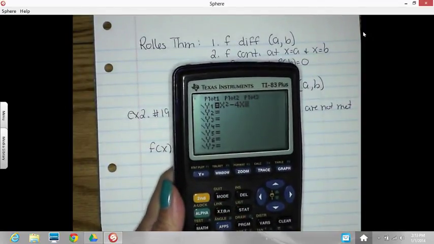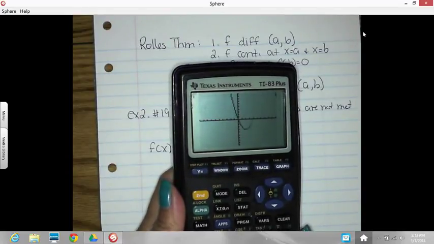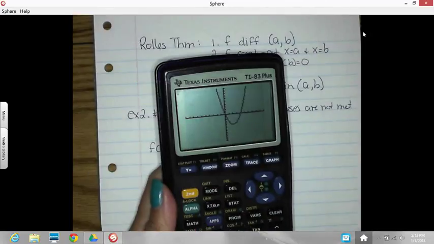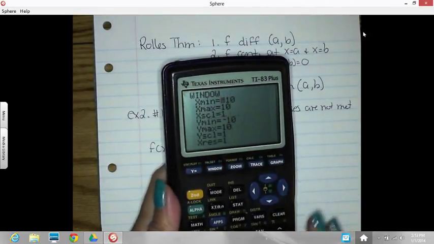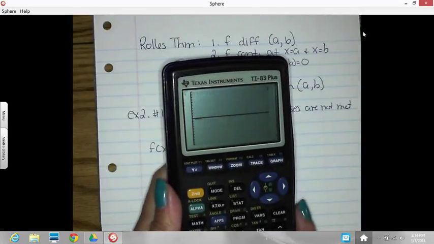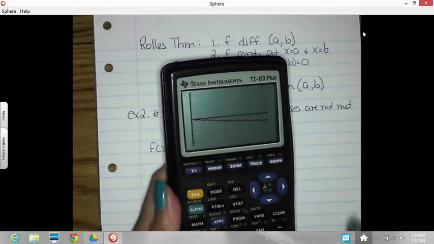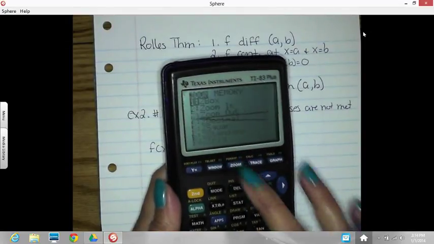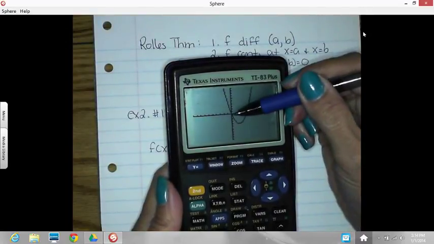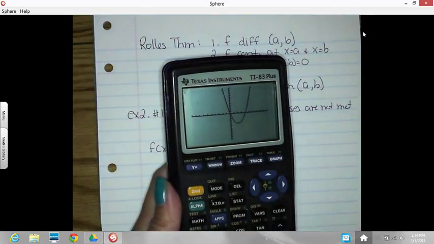Okay, I'm going to go back to a zoom 6. And I am only looking at the graph from 0 to 1. So if I wanted to change my window so that I only see x from 0 to 1, it was just that part of the graph going down. If I go back to a zoom 6, you can see all it graphed was this little decrease here, but because I stretched it way out, that's why it looked a little different.